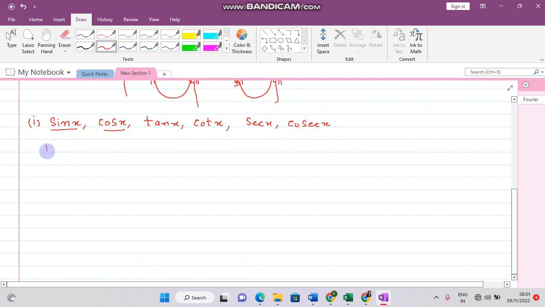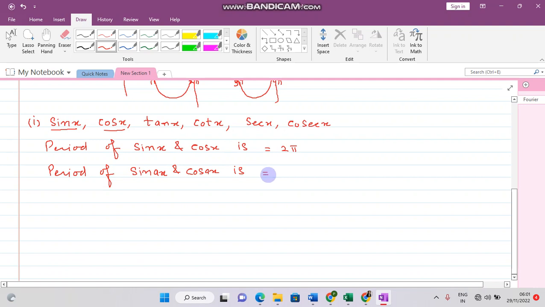So the period of sin x and cos x is equal to 2 pi. Now the period of sin ax and cos ax is 2 pi by a.